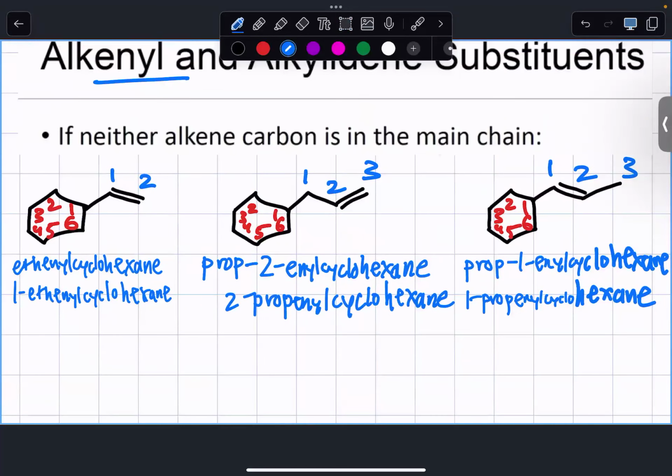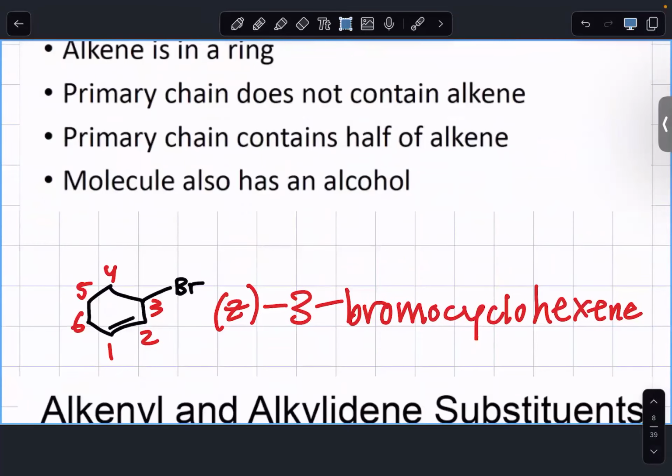Any questions on this part? If there was a bromo on the first position, if this bromo was right here, then you would say this is Z. The first position, this one right here, and there's no bromo here.